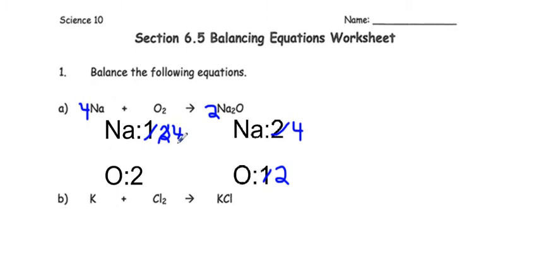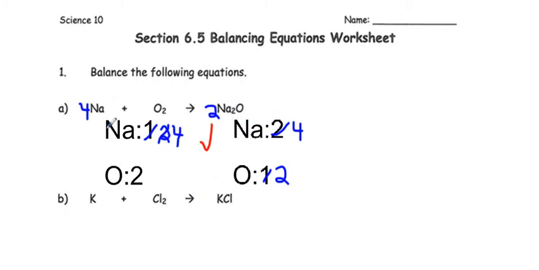So 4 and 4, and I'm good. So 4, 4, 2, 2. We would now say that this equation is balanced. It does not violate the law of conservation of mass. Whatever I start out with is what I end up with. The atoms are just rearranged in the compounds. Okay, so that's a little check you have to do at the end.